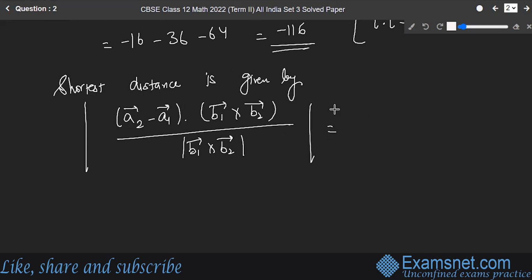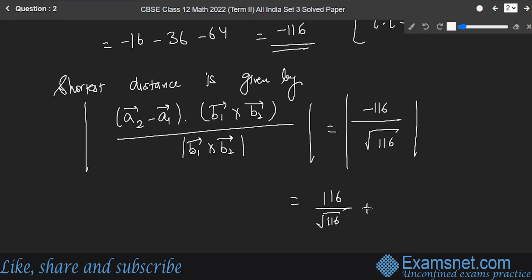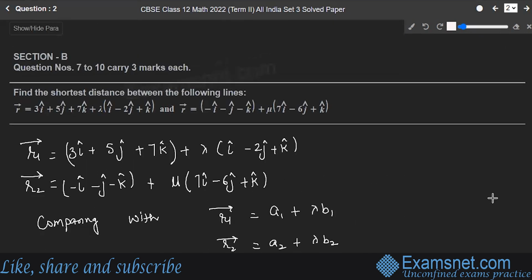Now the numerator was equal to minus 116 and the denominator was equal to root of 116, right? Under the mod, so this will be equal to 116 divided by root of 116, which is equal to root of 116 units. So this is the answer to the question. Root of 116 units.